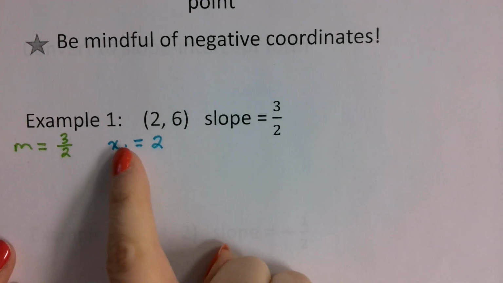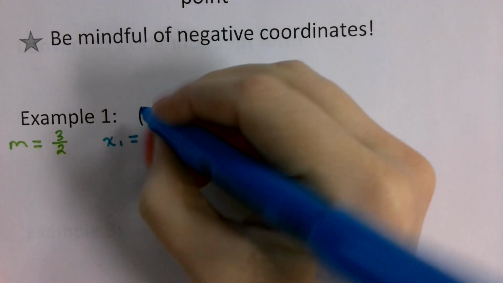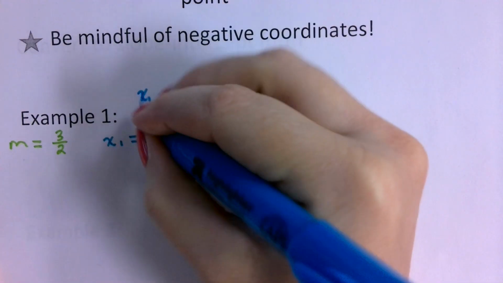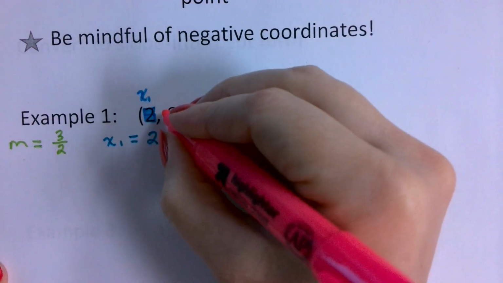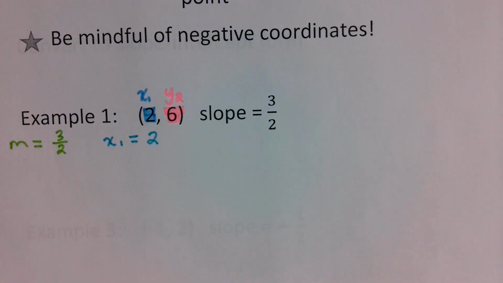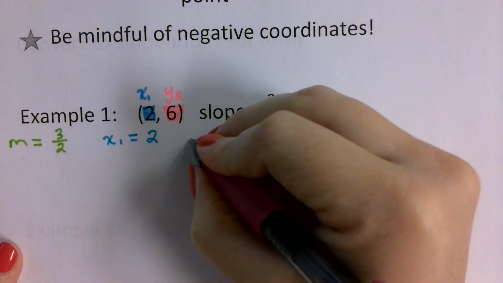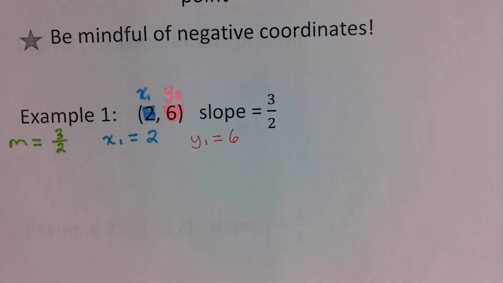All right, so x1 is going to equal the value 2 because that's our x1 coordinate. Right, x1 is going to be located right here. And then our y1 coordinate is going to be represented by the 6. All right.